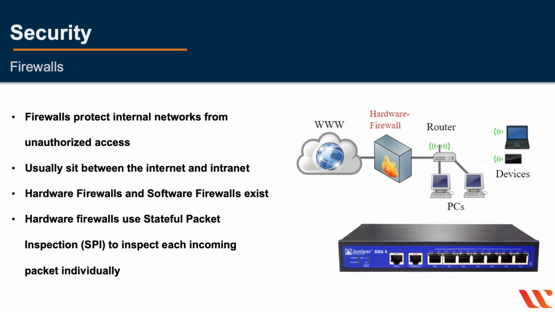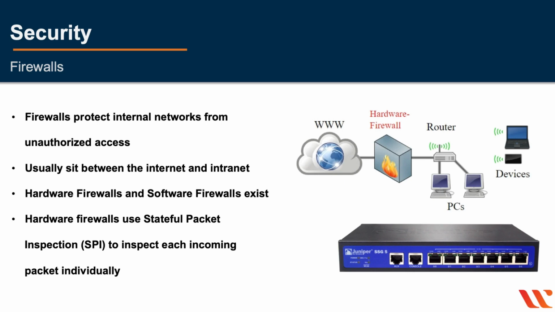Firewalls are a good way to prevent bad things from happening in the first place. They protect the internal network from unauthorized access to and from the internet typically. Firewalls use a number of different methods to protect the networks, and usually one of them is by hiding the IP addresses and blocking different TCP and IP ports.